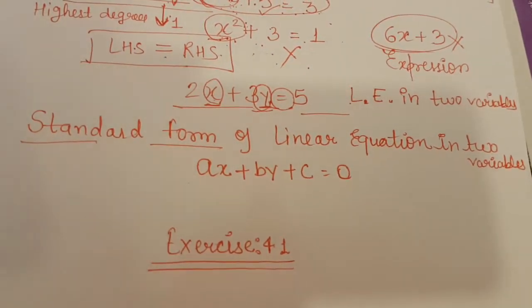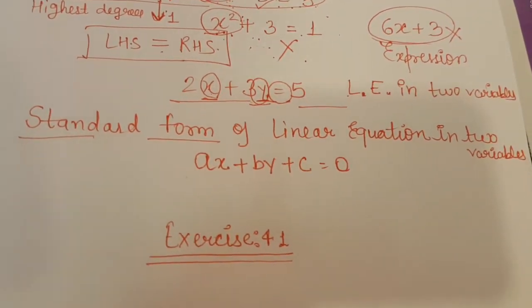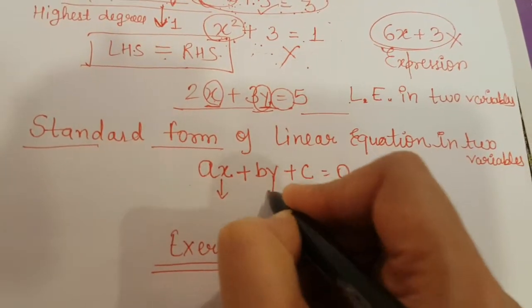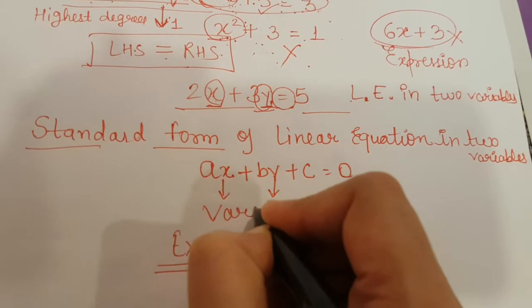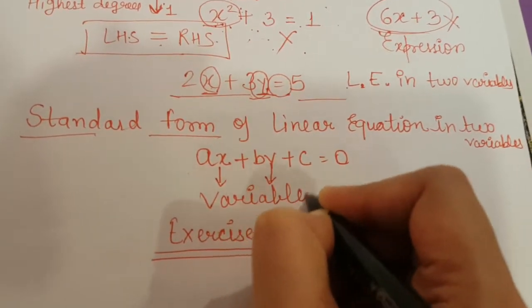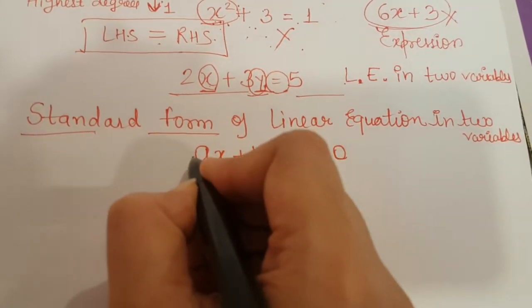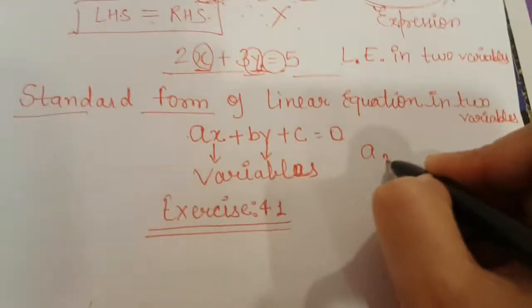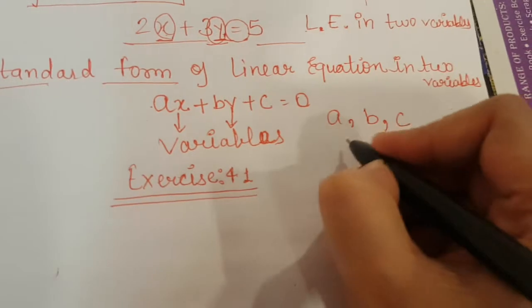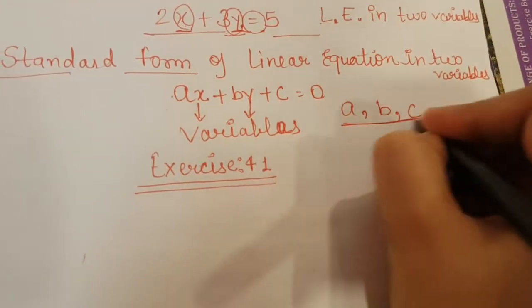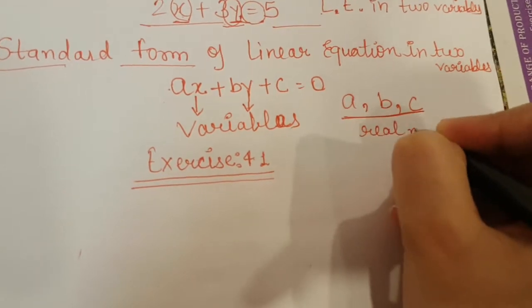How it can be linear equation in two variables? No, these all are not variables. Only x and y, these are variables. X and y are variables only, and this a, b and c are given in the place of real numbers. So these a, b and c are real numbers.